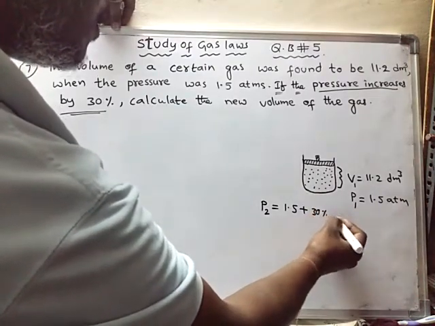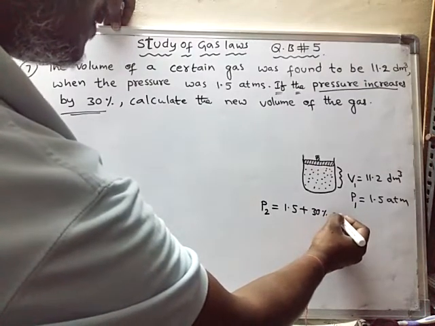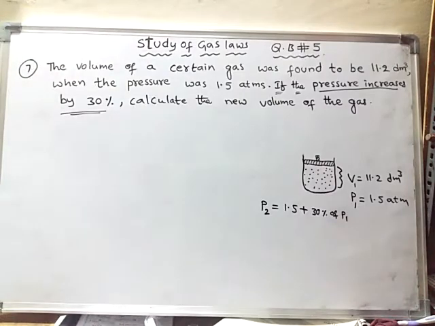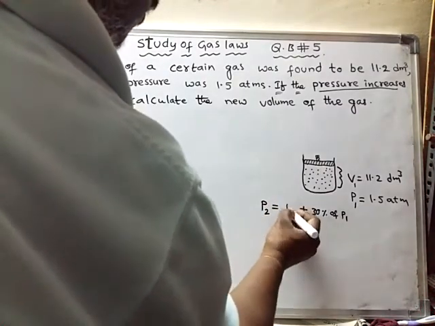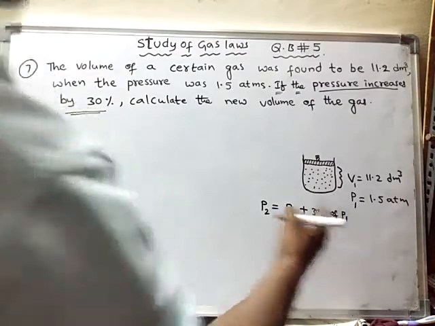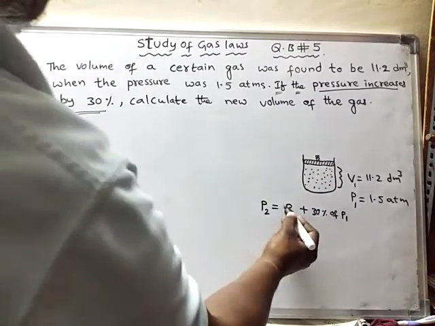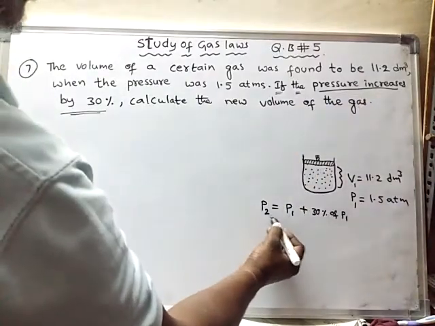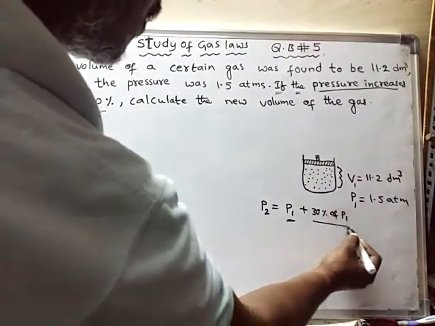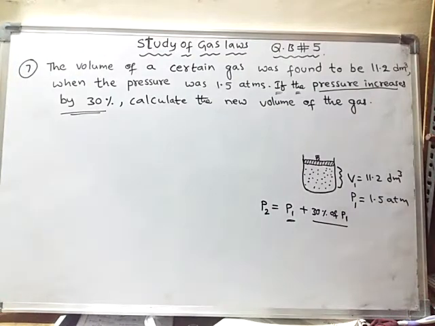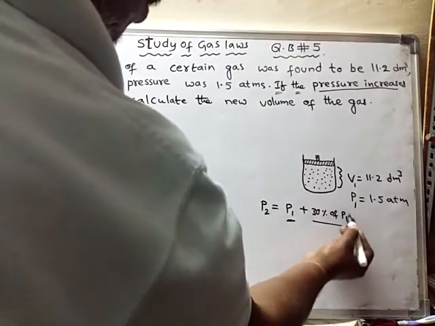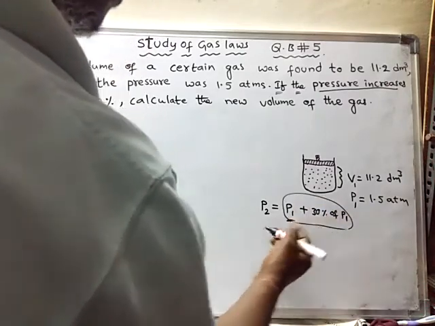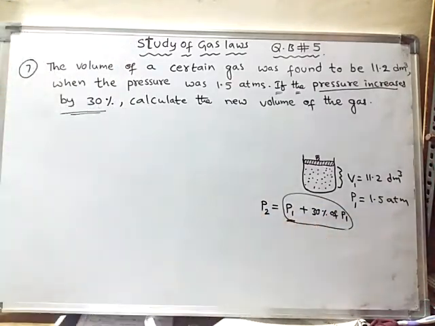So P2 is nothing but P1 plus 30% of P1, because the pressure is increased by 30% of the initial pressure. If you add these two things, we get the final pressure.